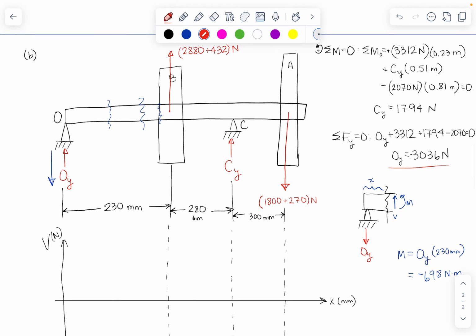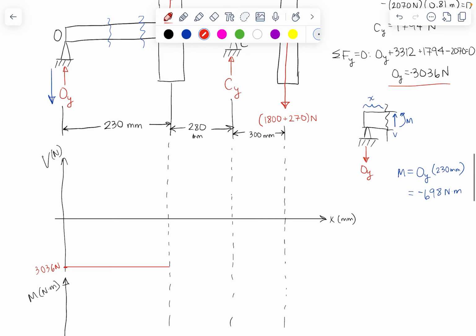Now what happens? We get to pulley B and we have a force added that's equal to 3,312 newtons. So if I were to take a cut just after that happens, my shear force would be equal to the sum of the forces at pulley B plus the forces at point O. So that's going to be 3,312 minus 3,036. So now I'm at 276 newtons.